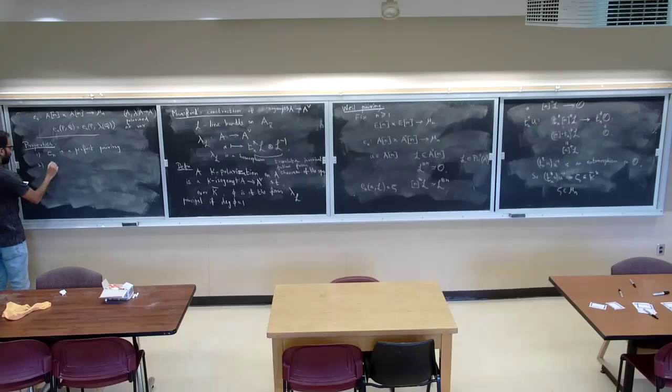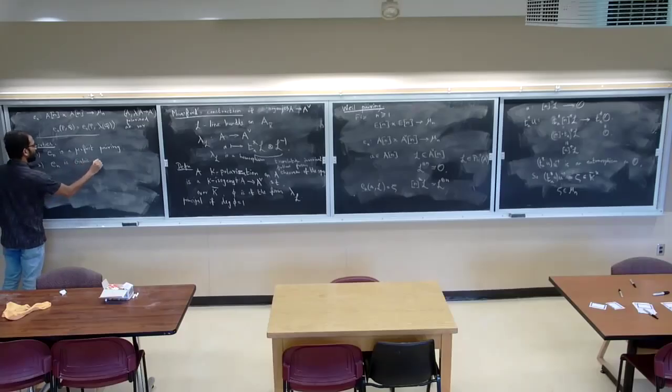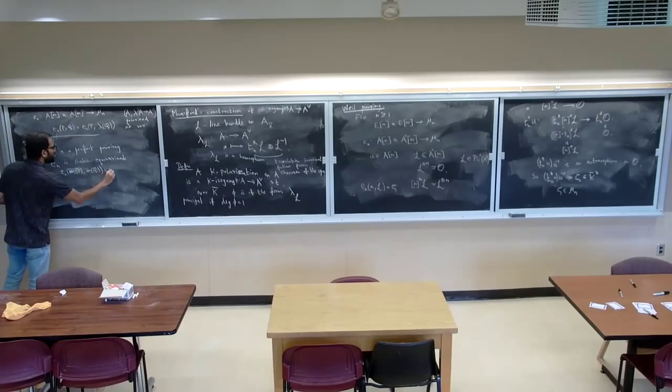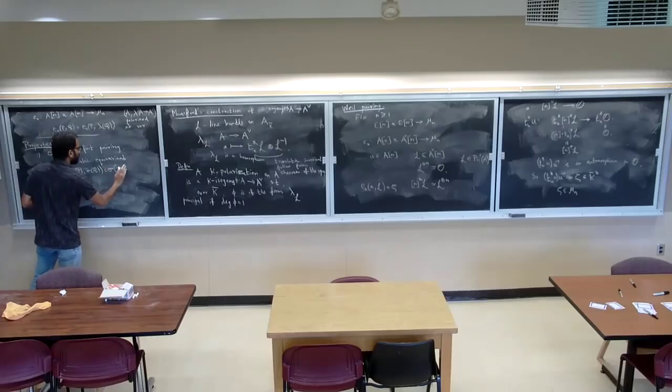It's also Galois equivariant, meaning that En of sigma P, sigma Q is sigma of En P Q. Sigma is any element of the Galois group.